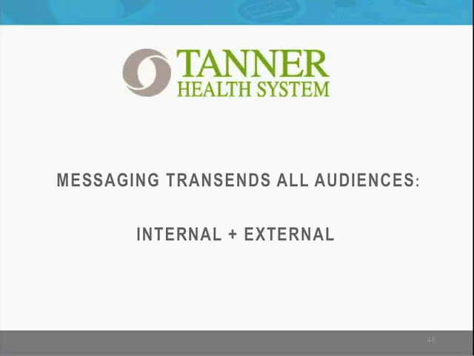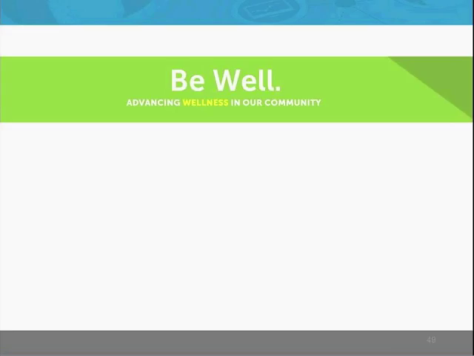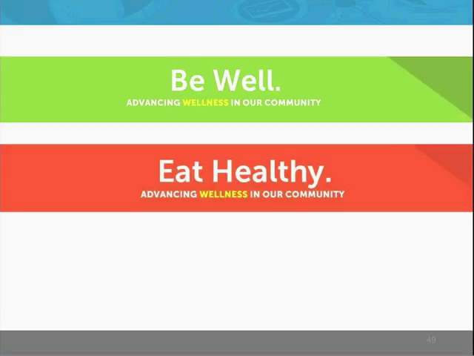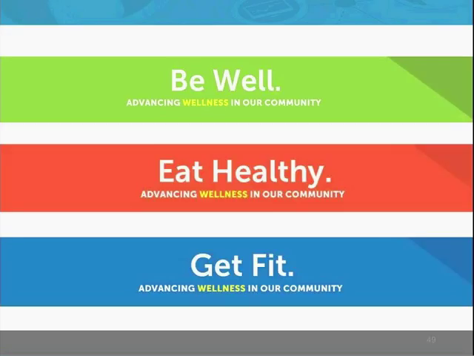As we developed this creative strategy, we created the following messages focused on the results of their community health needs assessment. The first one was Be Well, Eat Healthy, and Get Fit. And then we aligned the key components and even more specific programs that Tanner had developed from their implementation strategy for each of these messages.